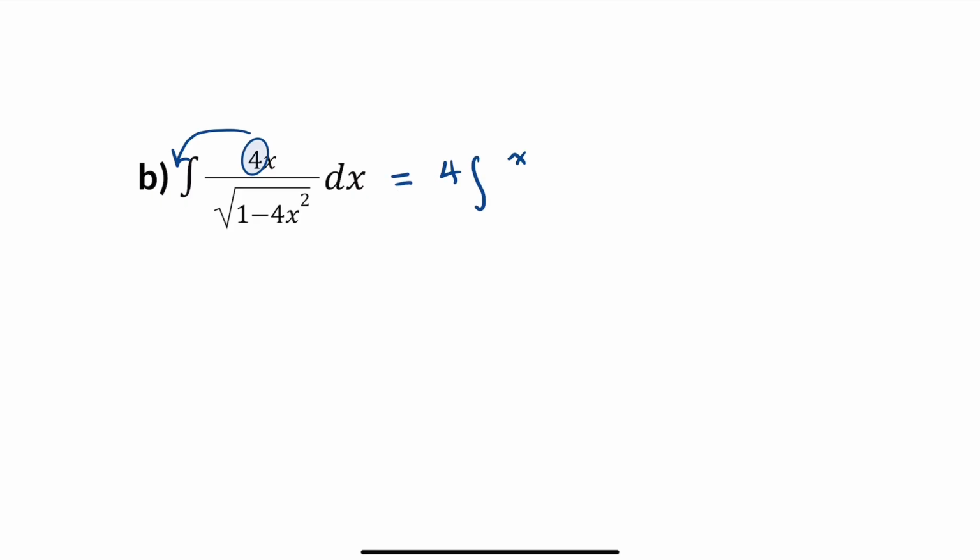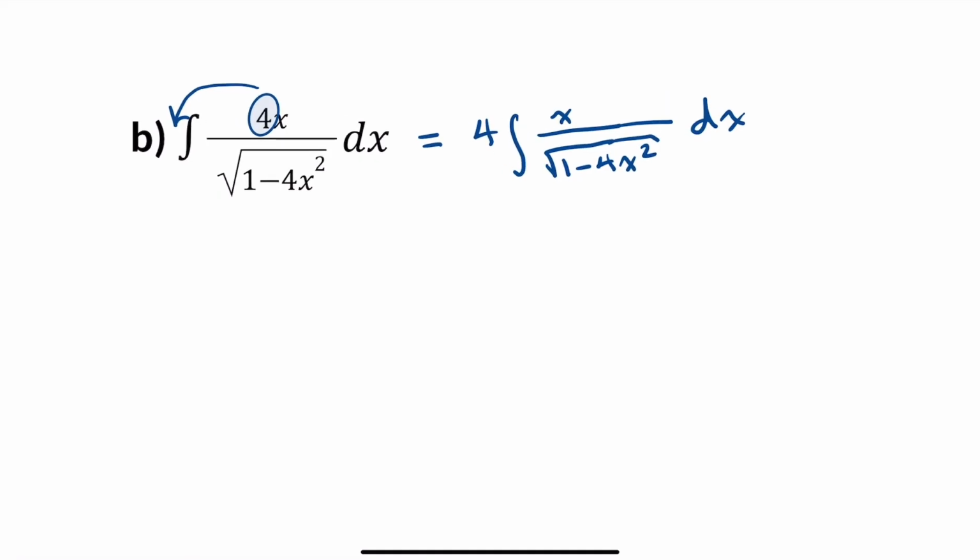And we can say this is 4 multiplied by the integral of x over the square root of 1 minus 4x squared dx. And so for u substitution, the goal here should be to get rid of the x in the numerator, because this is the thing that is causing us some issues right now.